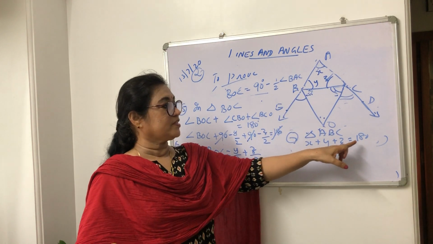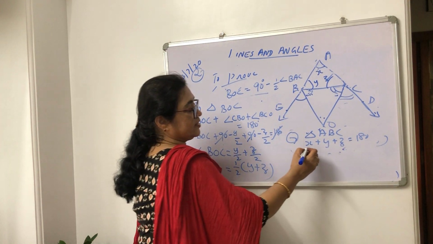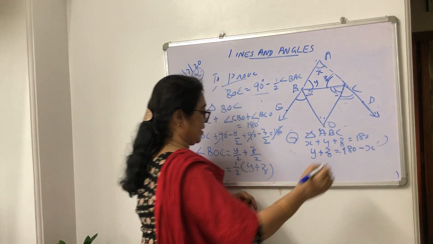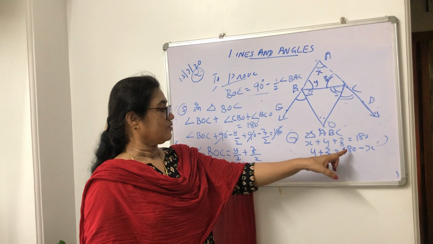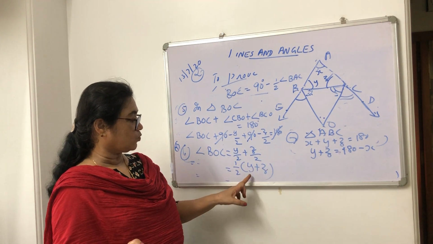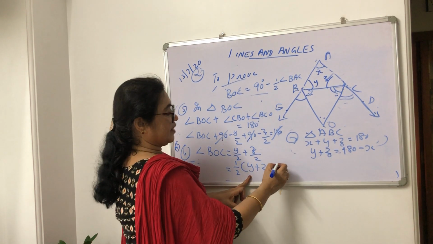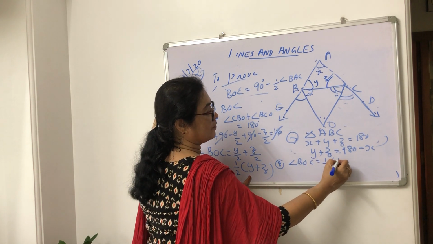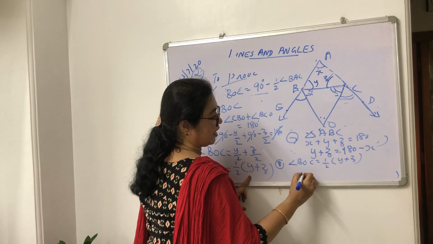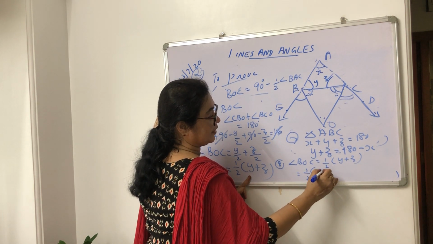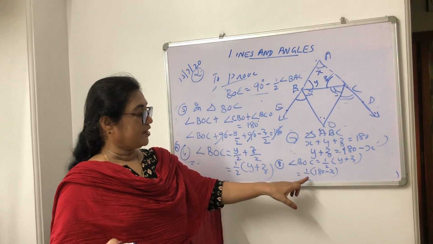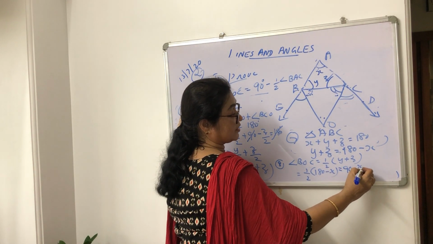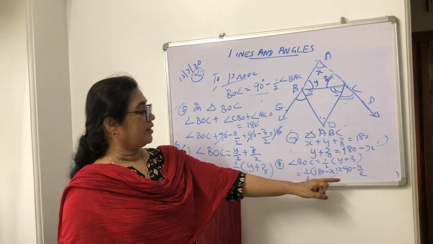Then Y plus Z is 180 minus X. I am going to substitute Y plus Z here. So the eighth one, angle BOC is equal to half of Y plus Z, that is half of 180 minus X, that is 180 by 2 minus X by 2, 90 minus X by 2.